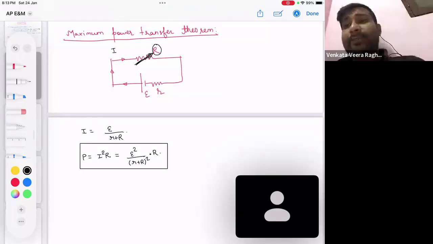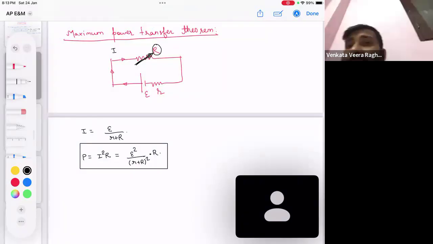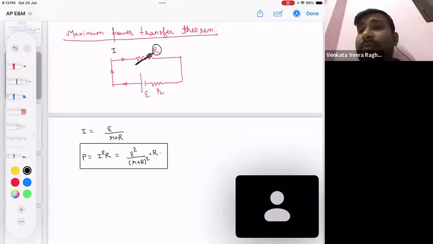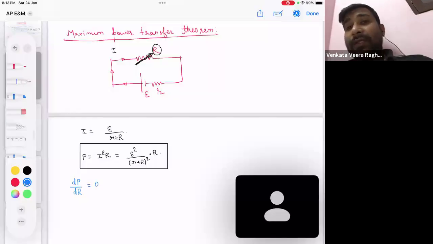And for different values of capital R, the external resistance, you will get different power consumption, power developed in the resistor. So we want to see what should be the value of capital R so that this power is maximum. Understood? Whenever we want to maximize something, we find dP by dR first and make that 0.